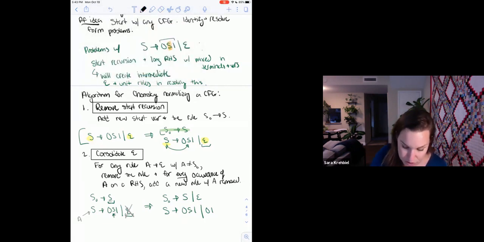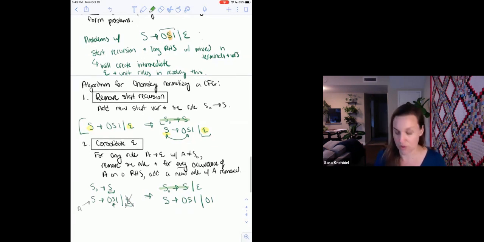So we still have this problem of our unit rules. We can't have S naught go to S. So this wrapper function is somehow too simple, which is annoying. It would be nice to be simple, but we're trying to be normal, Chomsky normal, not simple. So step 3 is that we are going to collapse the unit rules.